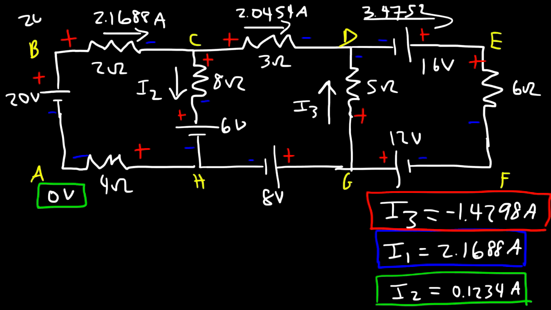So the potential at B is 20. Now going from B to C, we have a voltage drop because we're going towards a lower potential. And so it's going to be 20 minus IR, or minus 2.1688 times 2. So the potential at C is 15.66 volts.